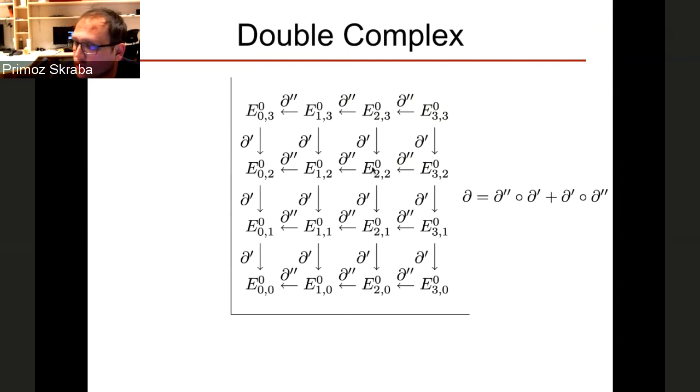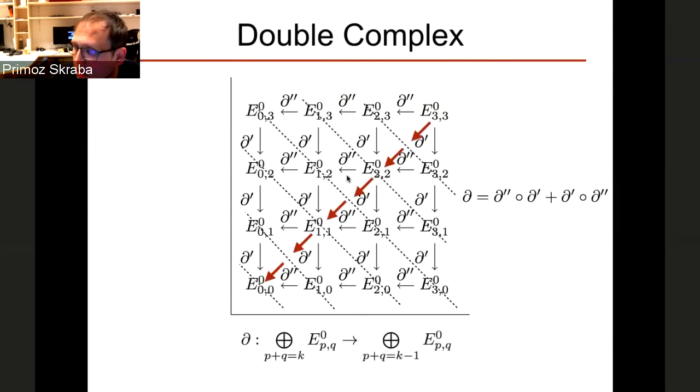But the point is that if you consider these kinds of squares, right? So this actually defines a boundary operator. And the boundary operator is not on single squares, but rather over anti-diagonals. So you take each anti-diagonal, apply this boundary operator, and it maps to one anti-diagonal lower.